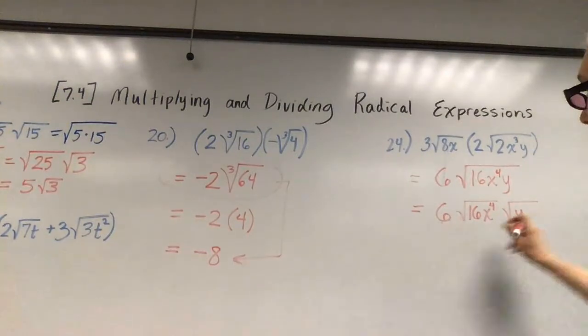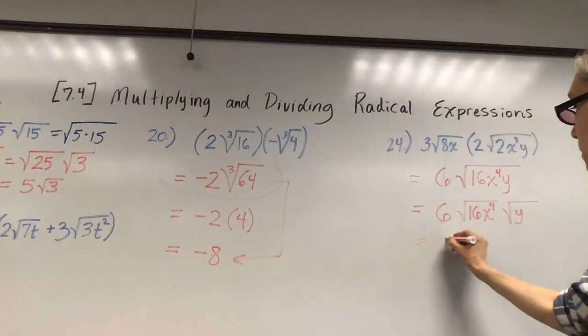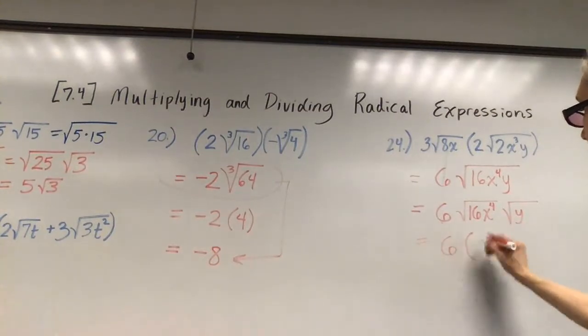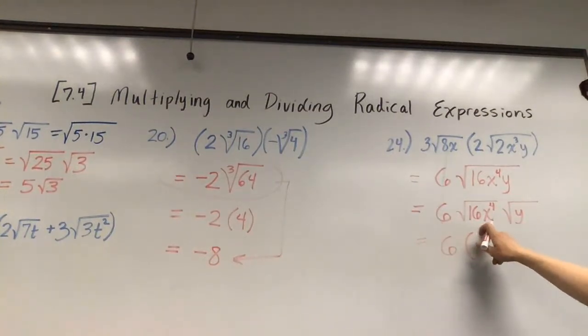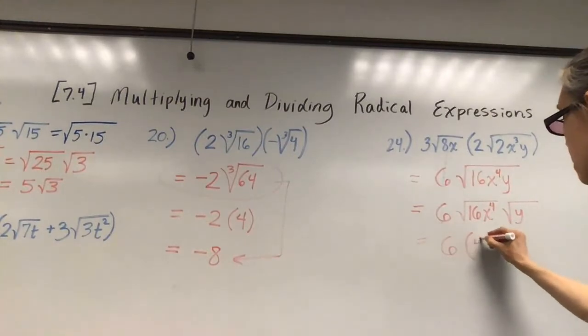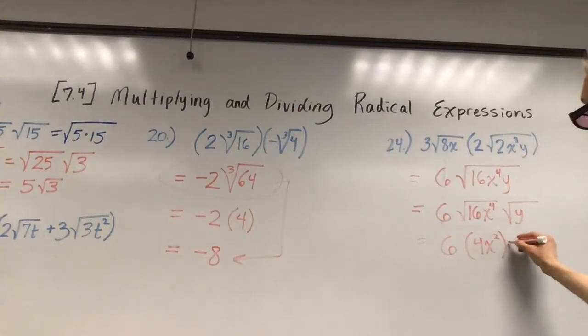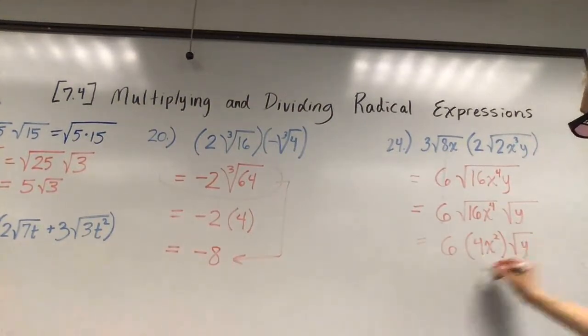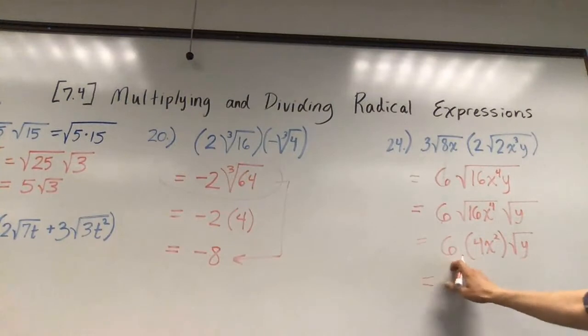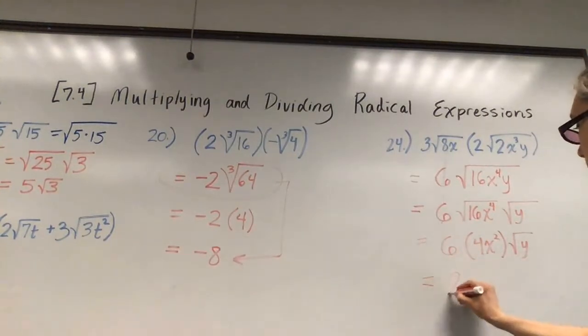So now we're going to simplify further. Square root of 16x to the 4th is 4x squared. Six times 4 is 24.